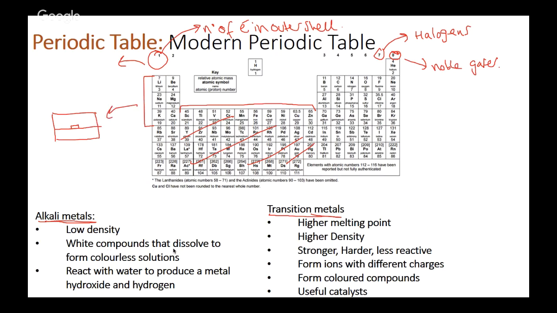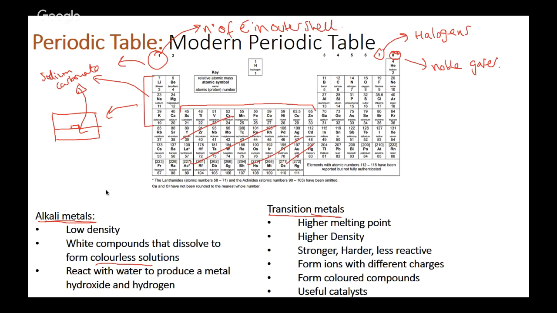They form white compounds that dissolve. So sodium carbonate, for example, a compound of sodium, is a white powdery substance. If you were to put that in water, it would dissolve to form a colourless solution.